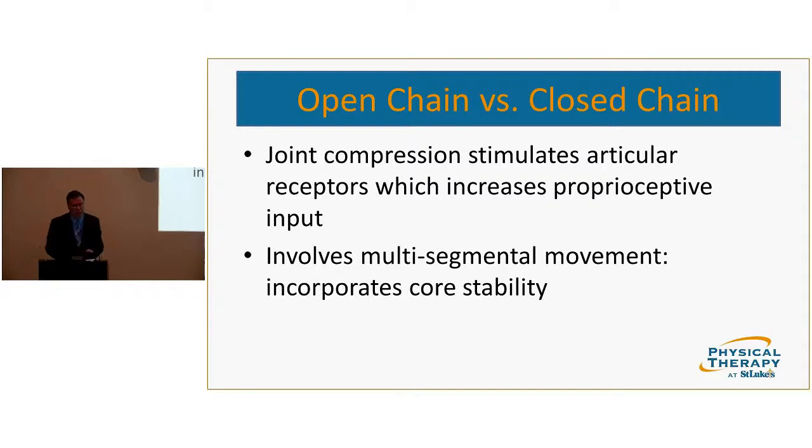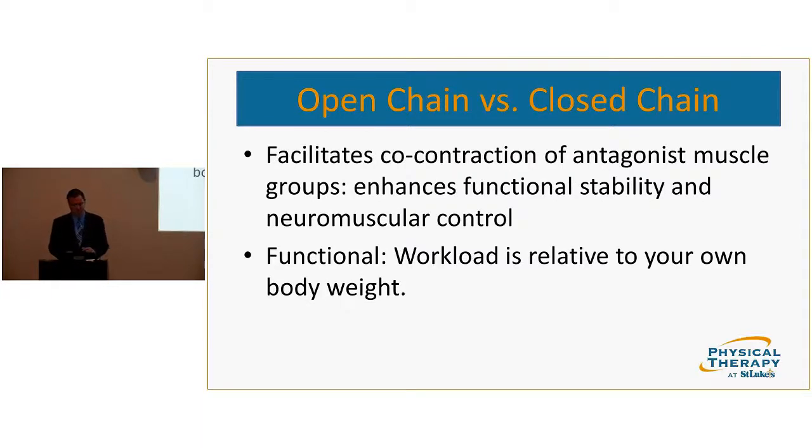All right. So open versus closed chain exercise. Number one, with joint compression, you stimulate the articular receptors, which increases proprioceptive input to the central nervous system. Also, with multi-segmental movement, you incorporate core stability to be able to achieve the movement. All right.